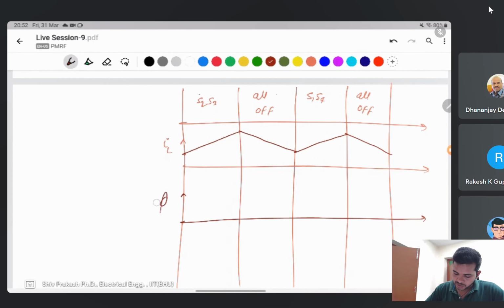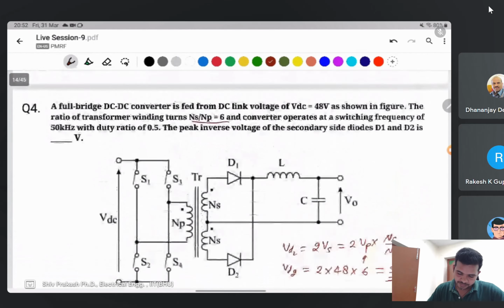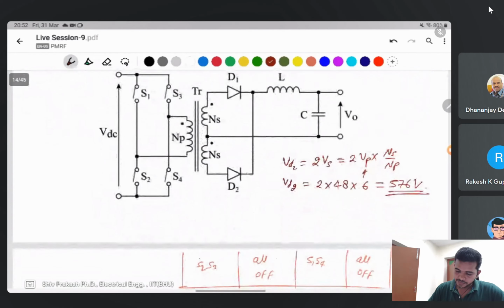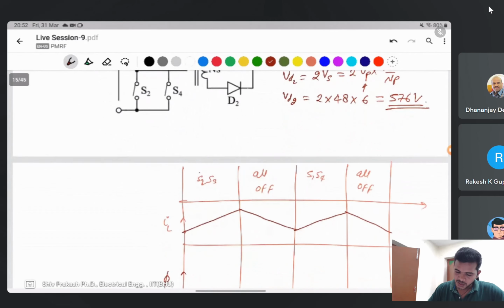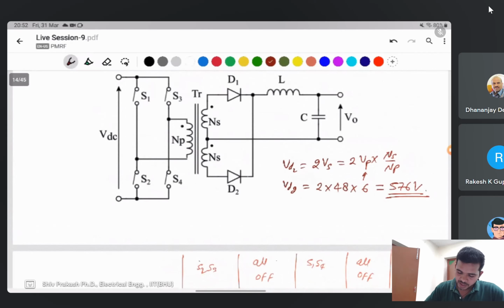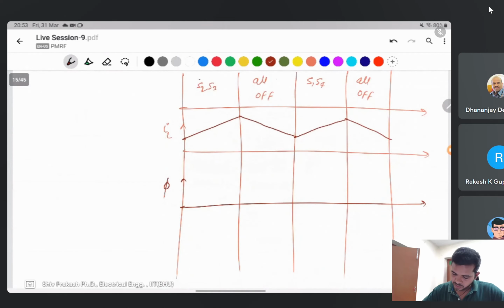And what will be the flux of this full bridge converter? When the switch is on in the positive direction, the flux will increase like that, from positive to negative.